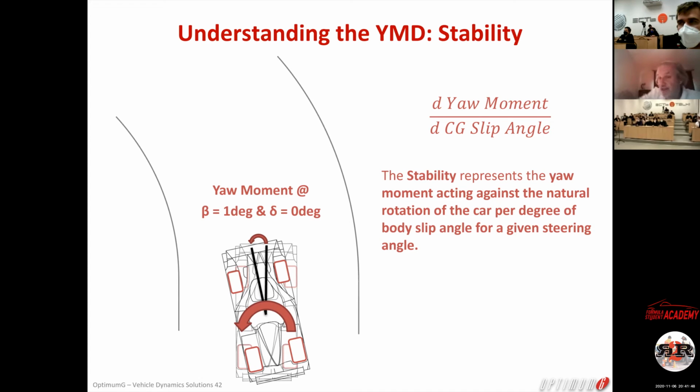And the question is, is the car coming back? So the driver doesn't turn the steering wheel, you yaw the car, because of that you change the slip angle, because of that you change the lateral grip, you are going to create an anti-yaw moment, and that's why stability is a negative number.